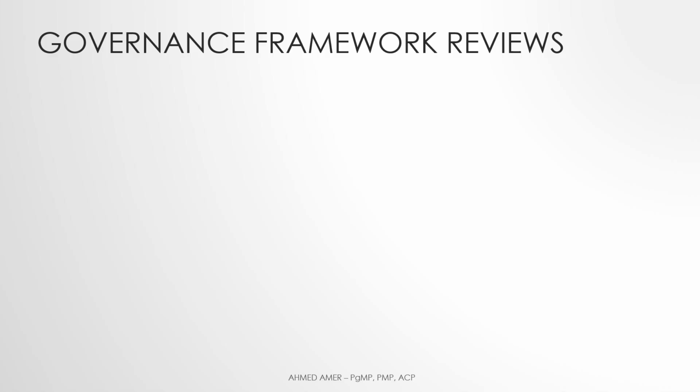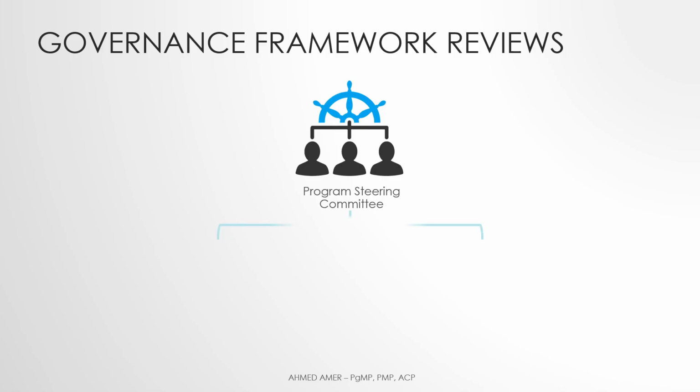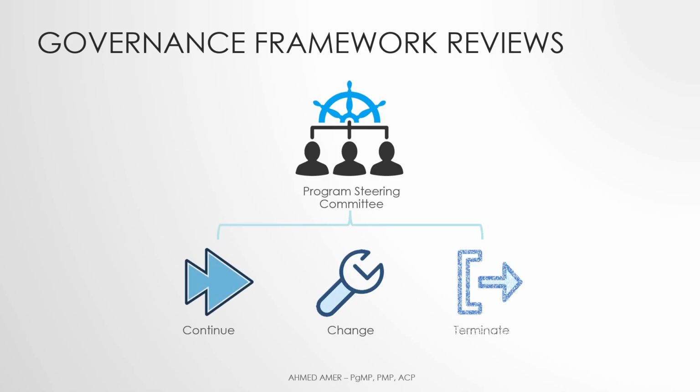This process includes phase gate reviews, which are formal reviews at the end of a program phase. During a phase gate review, governance decides whether to continue to the next phase, adjusting the course of action and continue with the changes, or stop the program or part of it.